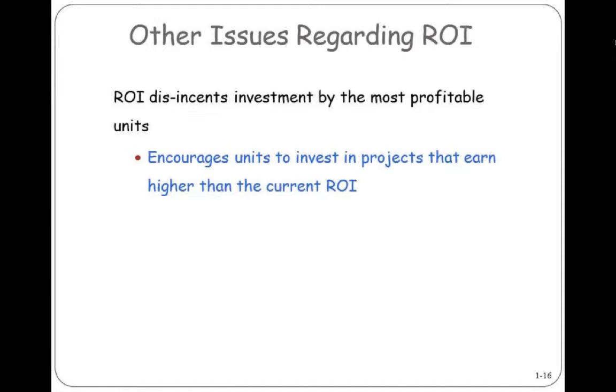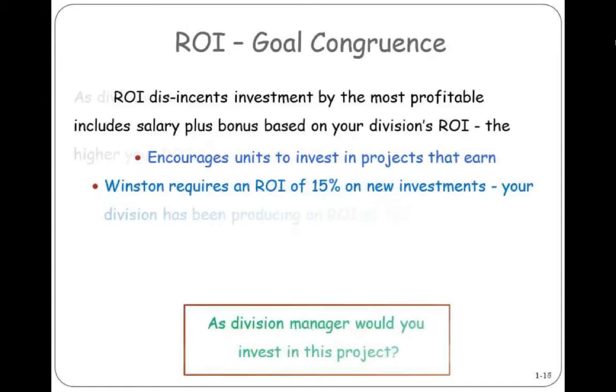Your performance is based upon your ROI. You have an opportunity to do a project at 18%. It will bring down your unit's ROI because your other ROIs are higher, but it's still better than the rest of the company. You're disincented to do the right thing for the company. So ROI might disincent proper behavior.